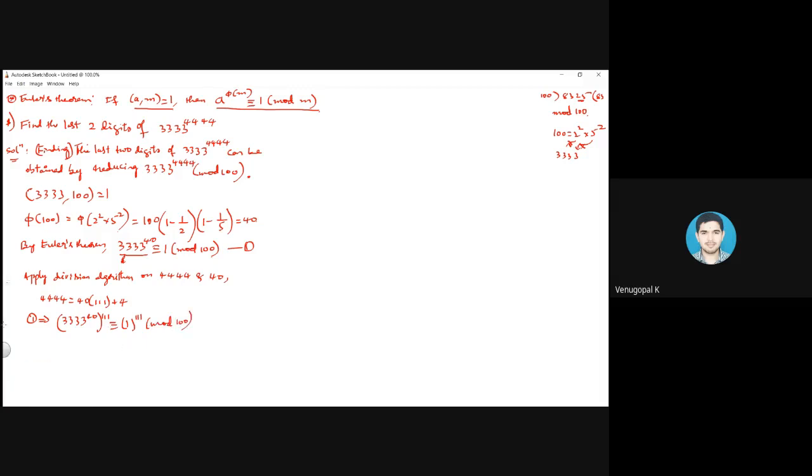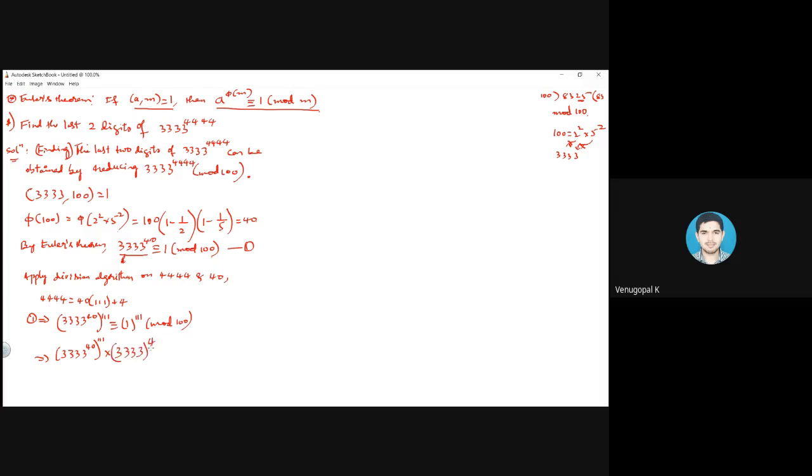Okay, still that is not enough. We need this extra 4, so we'll have to multiply that. This would imply 3333 power 40 whole power 111 into 3333 power 4. Oh, sorry, not 3, it is 3333 whole power 4.